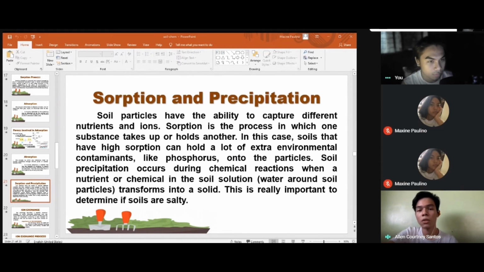Plants require these in small amounts only. Then the trace elements are very rare, but they are present in the soil particle, which are iron, zinc, copper, boron, manganese, molybdenum, and chlorine.